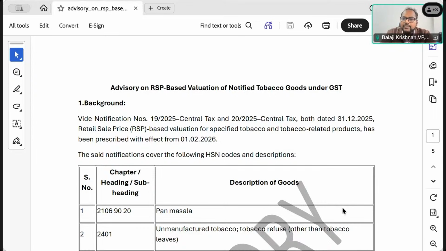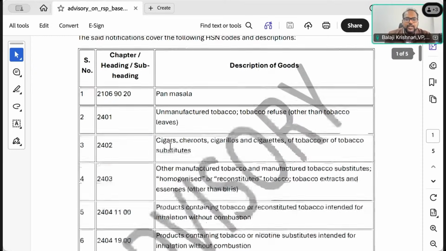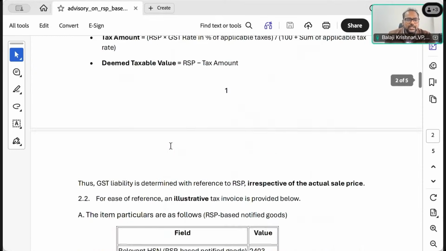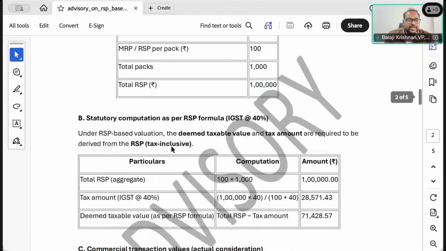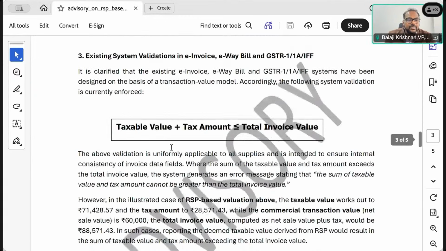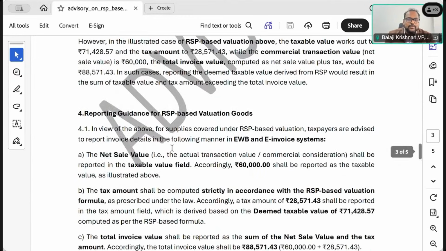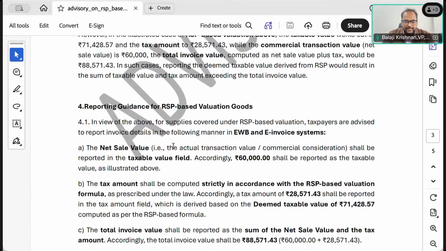Second, for reporting purposes in e-invoice, e-way bill and GSTR1 systems, taxpayers must follow this reporting procedure. This we have captured in paragraph number 4. The net sale value, that is the actual commercial consideration between the buyer and the seller, should be reported in the taxable value field.